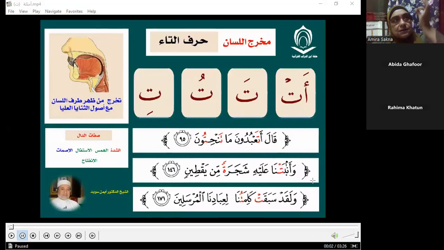If you make the articulation point correct, you will pronounce it correctly: the tip of the tongue with the alveolar ridge behind the upper central incisor. If you make the tip of the tongue meet the inner part of the upper central incisor, you pronounce it with the sin or sheen or the ha. No, this is not the Arabic.